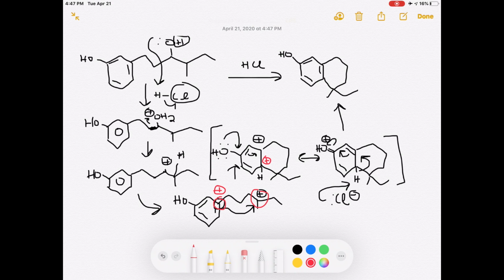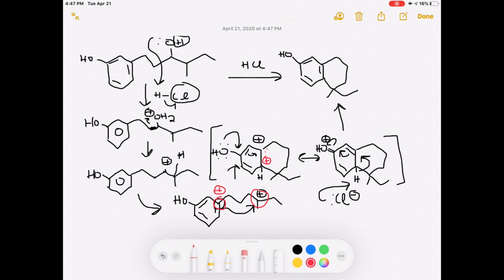If we look at option E, it tells us that apparently there was a negative charge instead of a positive charge. And if there was a negative charge, that would mean there would be an extra lone pair at the top here, and even our resonance structures don't indicate that.